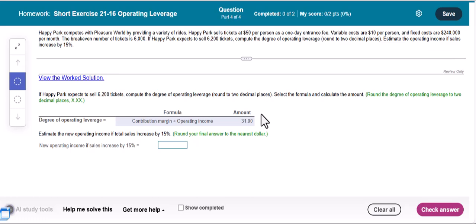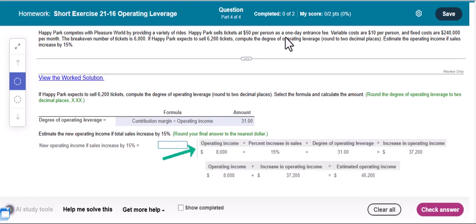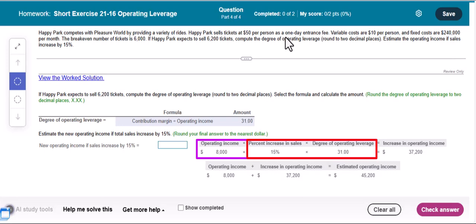So here's our calculation. Percentage change in sales, 15%, times operating leverage gives us the percentage change in operating income. And then we have to multiply that by our operating income, which is that $8,000. And that gives us our increase in operating income.